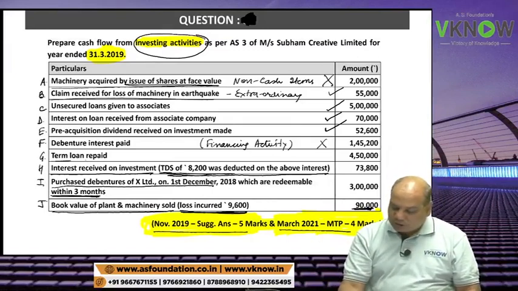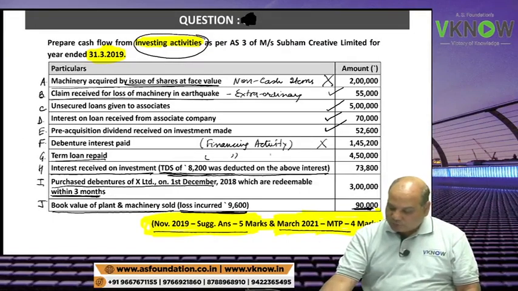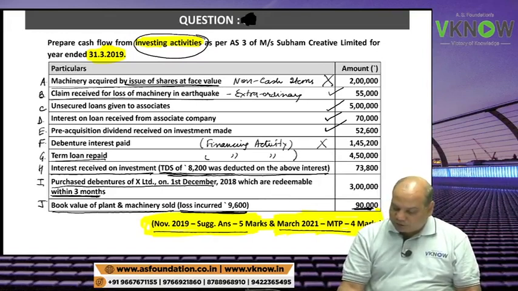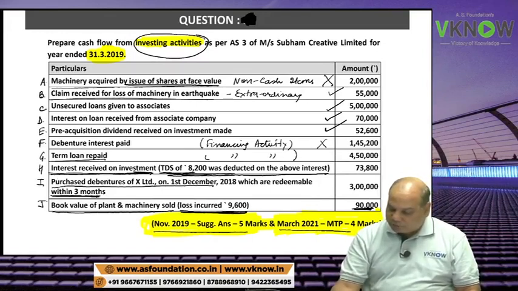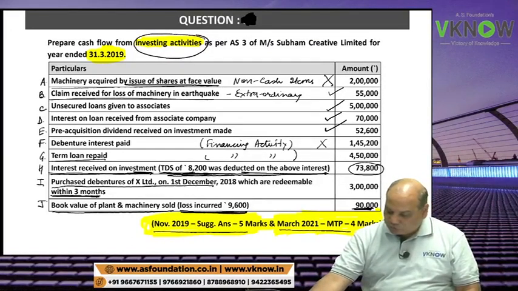Term loan repaid, financing activity. Interest received on investment, TDS of 8,200 was deducted on the above interest. So gross interest received, please add 73,800 plus 8,200.